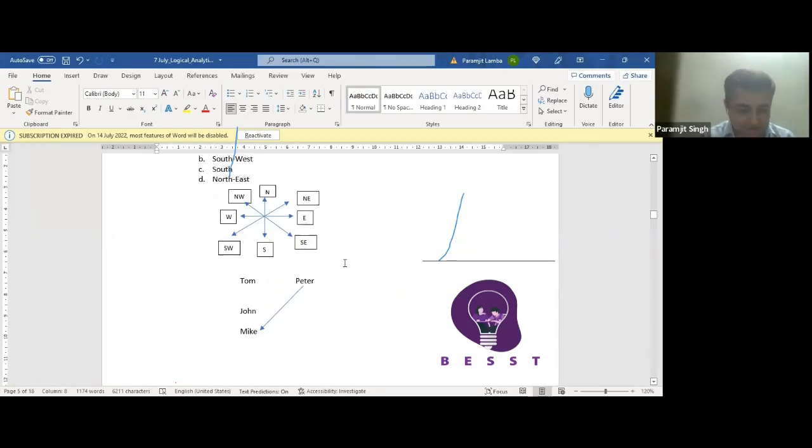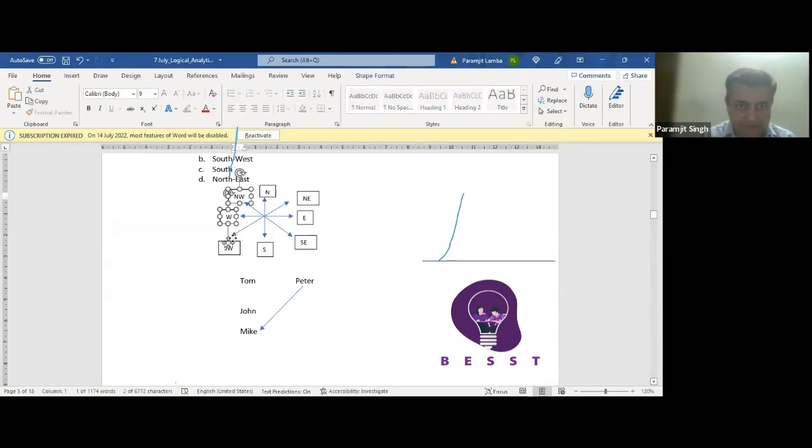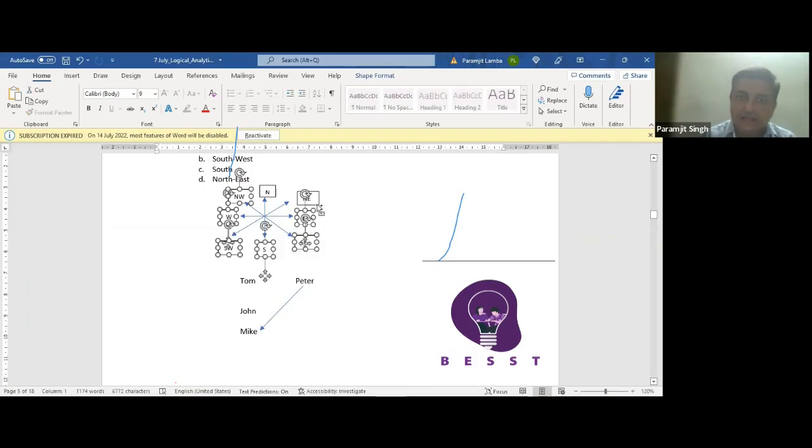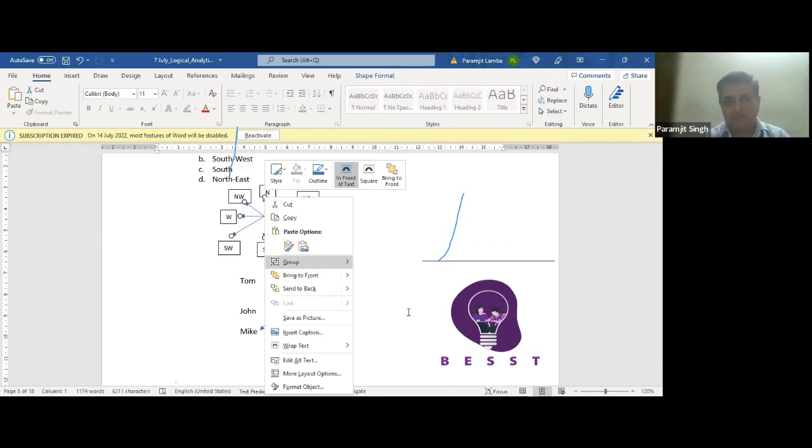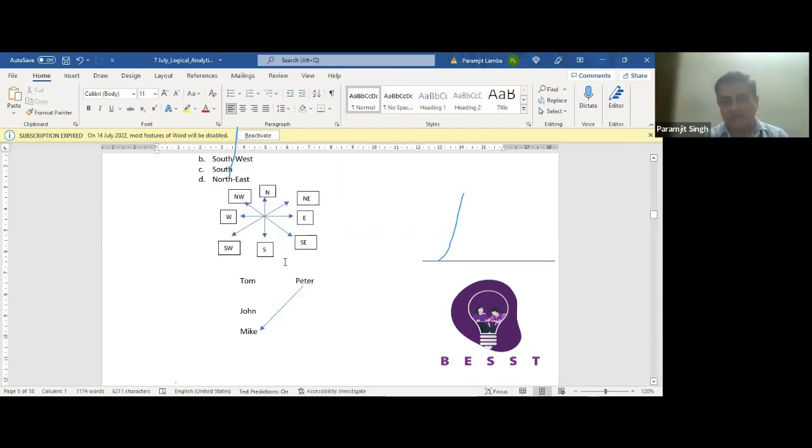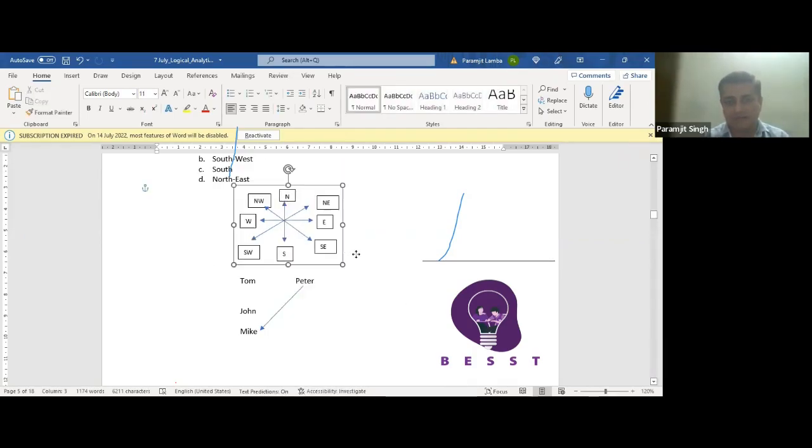You have to be very clear. We'll just combine this because we'll be needing this diagram again. So in case you get any question on directions, first thing, just quickly draw a compass like this on your answer sheet or on your question paper so that you don't get confused in subsequent questions. Now we've grouped this and we'll use this diagram in subsequent questions also.